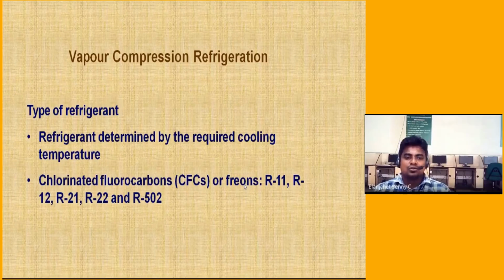Chlorinated fluorocarbons, CFCs, or freons, that is R11, R12, R21, R22, and R502. These are the types of refrigerants that we are using for obtaining cooling temperature in various refrigerating systems.